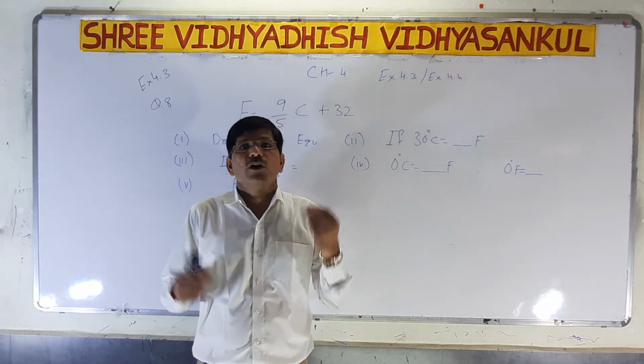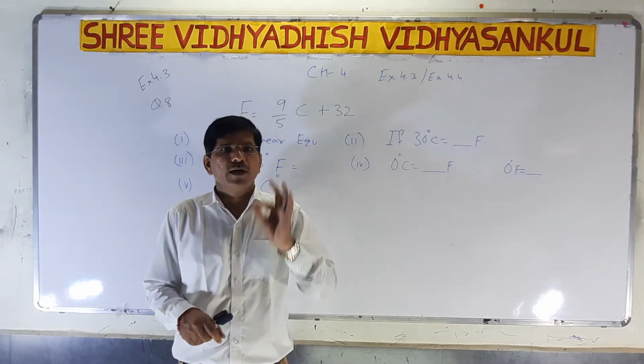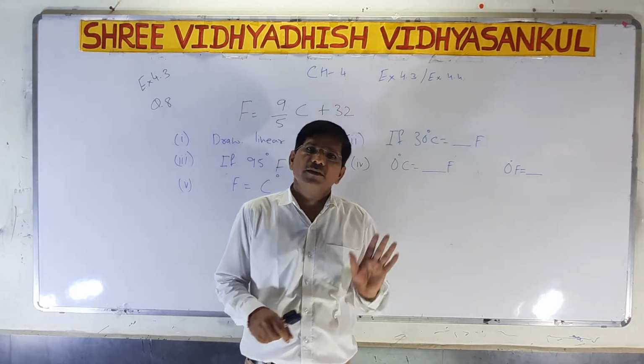Anyhow, first you have to remember the equation: F is equal to 9 by 5 C plus 32.